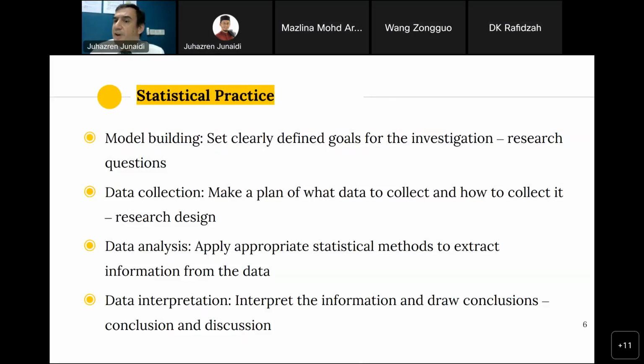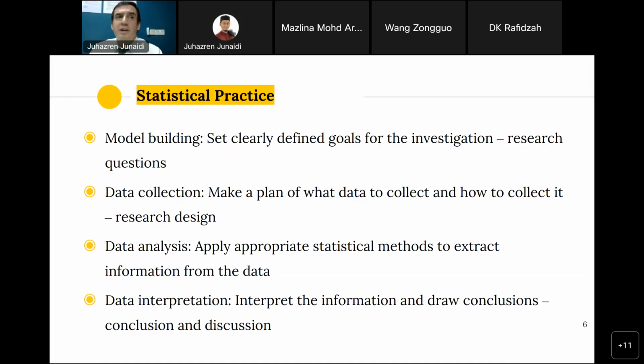And in terms of statistical practice, the things that you can do are, you can build models, and set clearly defined goals for the investigation with the research questions. You need to make a plan of what data to collect and how to collect it, which is the research design. If you have a survey study, it means you are going to send out surveys and collect them.